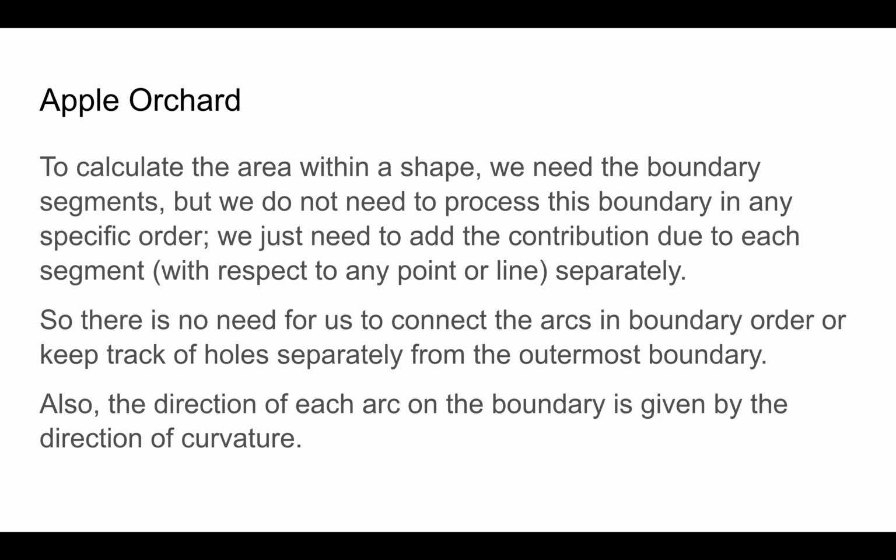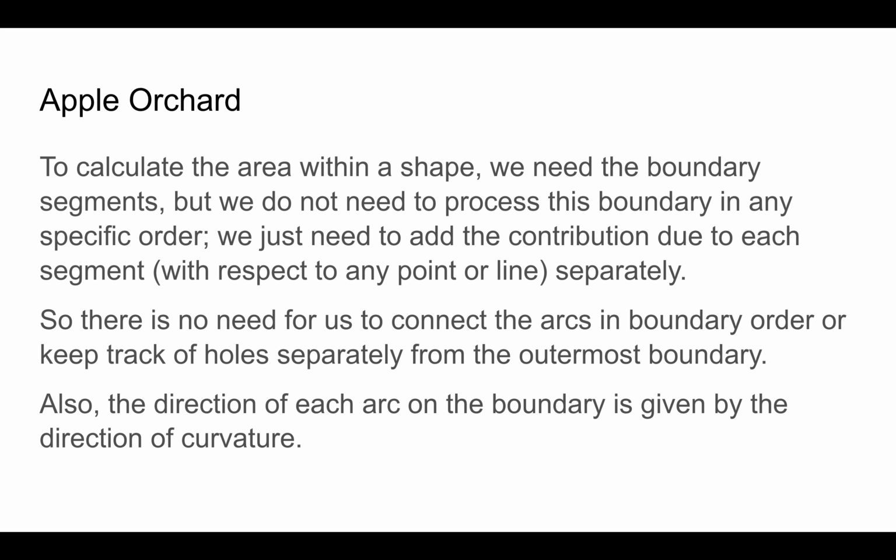To calculate area within a shape on the plane, we only need the boundary segments. But interestingly, we don't need the boundary segments in any particular order. We can actually calculate the boundary segments completely independently of each other and just sum it up. And the way we do that is we take each segment and we project it down to infinity in the y direction.